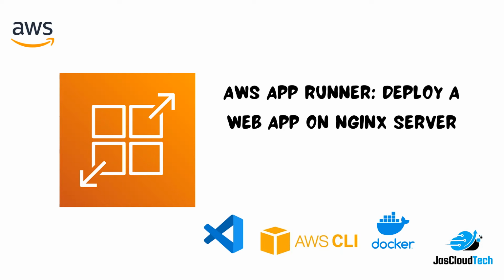So I will just move on to the Visual Studio Code, but make sure you have your environment set up in order to integrate with the ECR, pushing your image, as well as authorizing Docker in order to push the image into the container registry. So I'll be showing you. Let's move on to the Visual Studio Code.